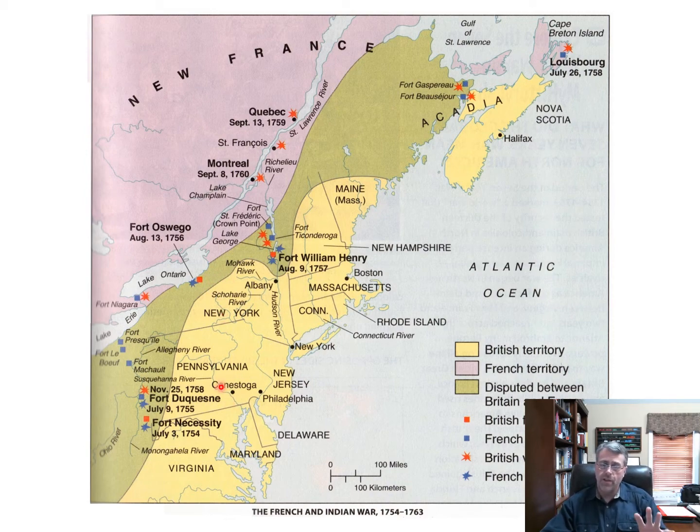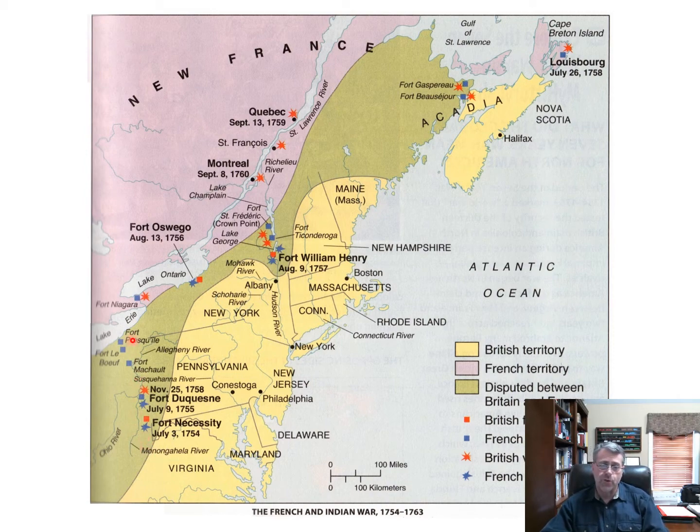This is where all of these wars are going to focus, at least in the North American part of the war. We see too our evidence of strategic waterways. All the battles that you see on here, these little stars, these are battles that take place in the French and Indian War, but these are the same places where the battles took place in all those previous wars as well.